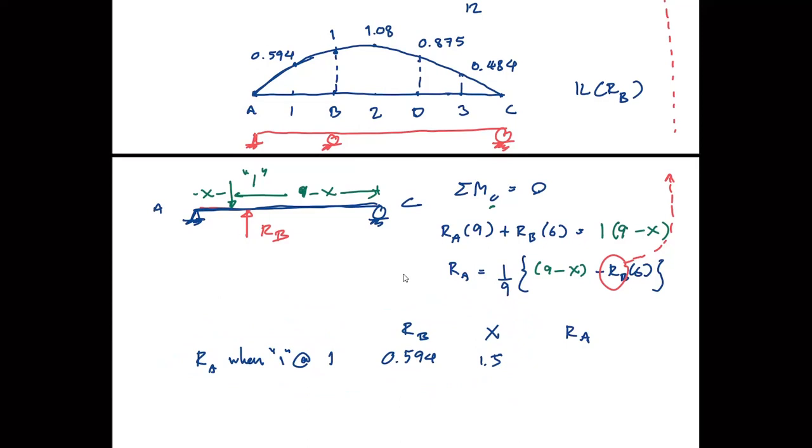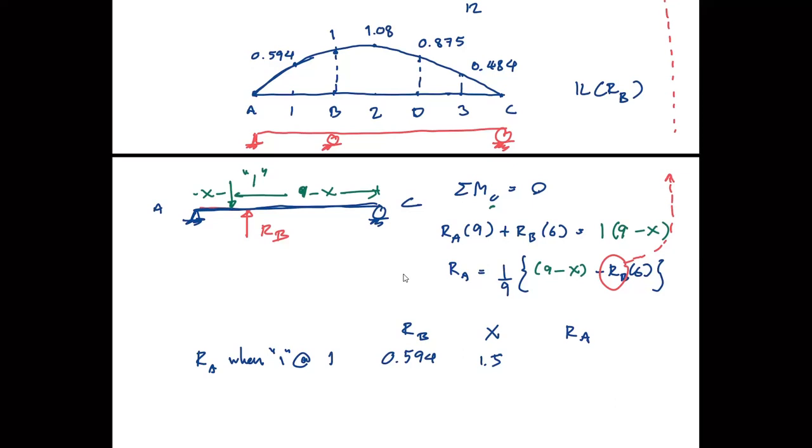And let me try it again for clarity. X is 7.5 now, right? Minus 0.594. Oh no, I can't do this. It's a silly calculator. The 0.594 multiplied by 6.